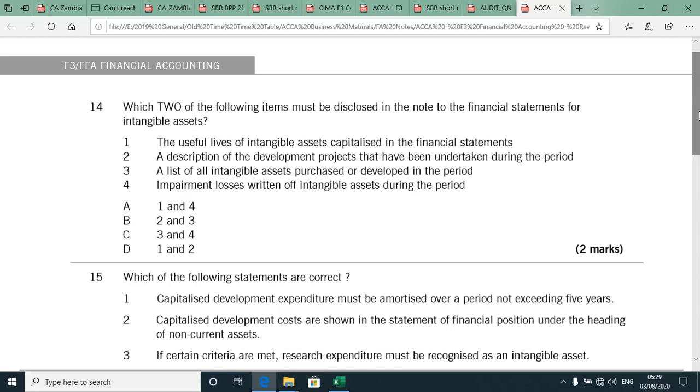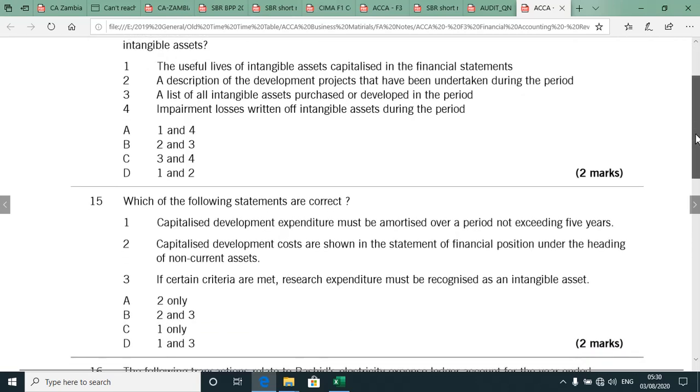Then 3 says a list of all intangible assets purchased or developed during the period. Again, a question of materiality there might deter us from doing that. Then 4 says impairment losses written off intangible assets during the period. This one is correct as well. So I'd like to go for 1 and 4 only. I think the others are quite too detailed because of the question of materiality. So 1 and 4 we take.